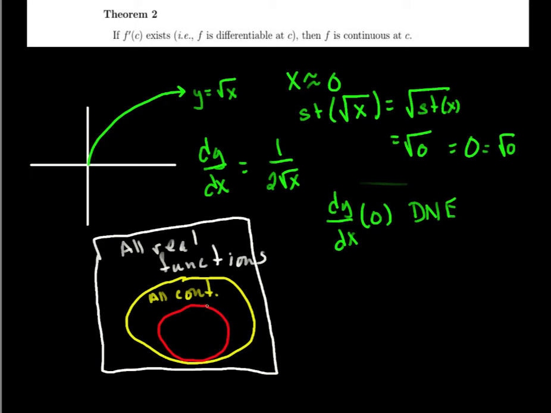This is a nesting of the function space: all real functions in the universe, inside of that a smaller subset of all continuous functions, and inside of that a smaller subset, all differentiable functions. This gives you a sense of how the universe of functions breaks down.